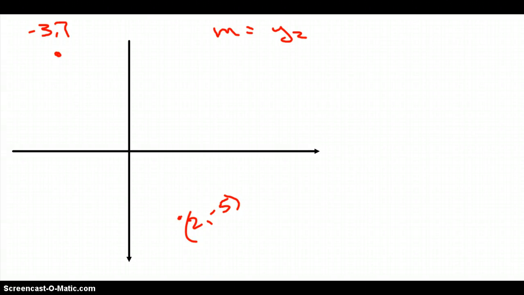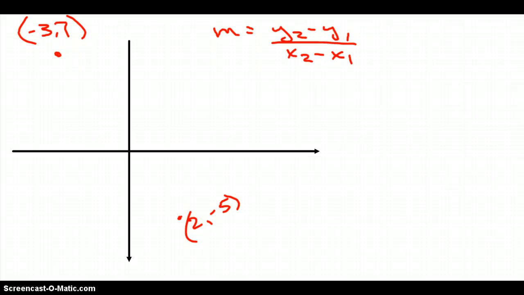So, we've got an xy axis. And let's put one point at (2, -5). And we'll put the other point at (-3, 7). Okay? If I'm interested in the slope of the line that connects those two points together, I use the formula that Madison suggested, bless you. Which one is my y2?